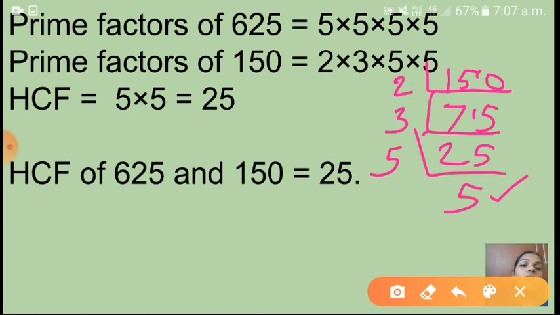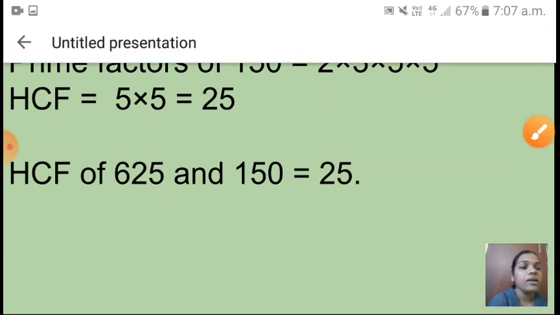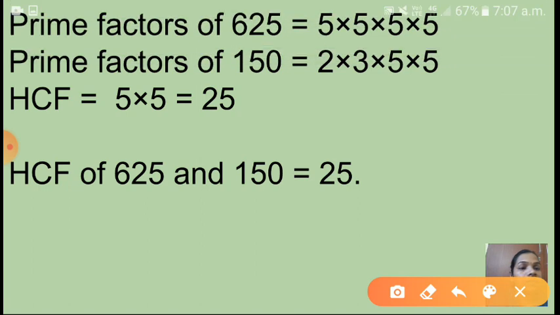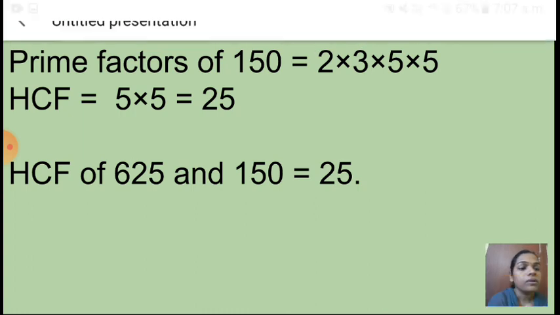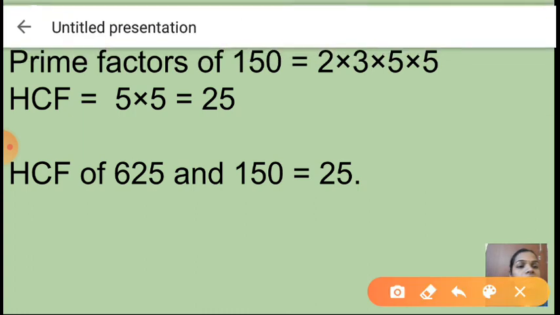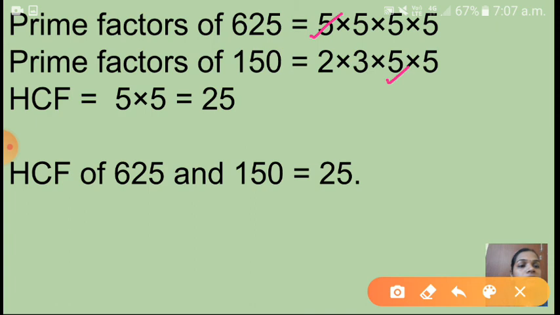Okay children. So prime factors of 150 is equal to what? 2 into 3 into 5 into 5. So I hope you understood, this one only I have written here. Okay. So see here children. Now HCF of these numbers we have to find. For that, 5 5, this is common.